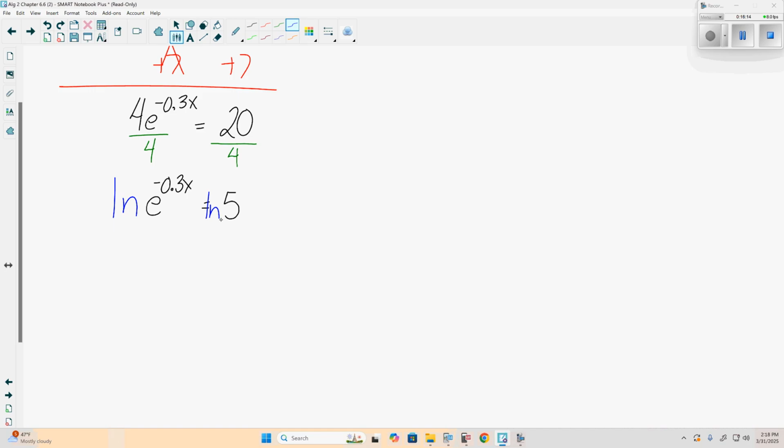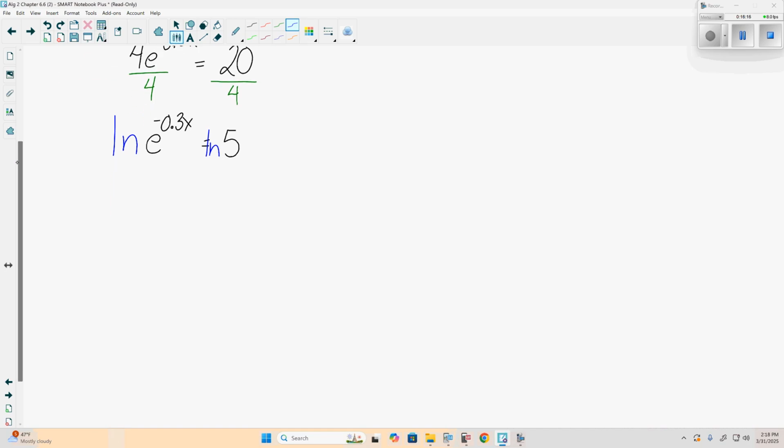Because we could write log base e, but log base e is our natural log. And the properties of natural logs are the same as our logs. So we can move the exponent to the front. And like I said, we have negative 0.3x times the natural log of e is equal to the natural log of 5.